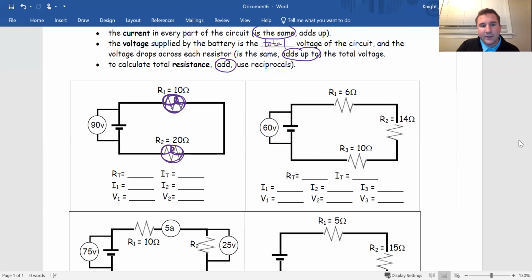This 90 volts right here, that's over top of our dashed line. That tells us what the battery voltage is. So this right here is the battery voltage. It's kind of like the voltmeter that we were using, right?